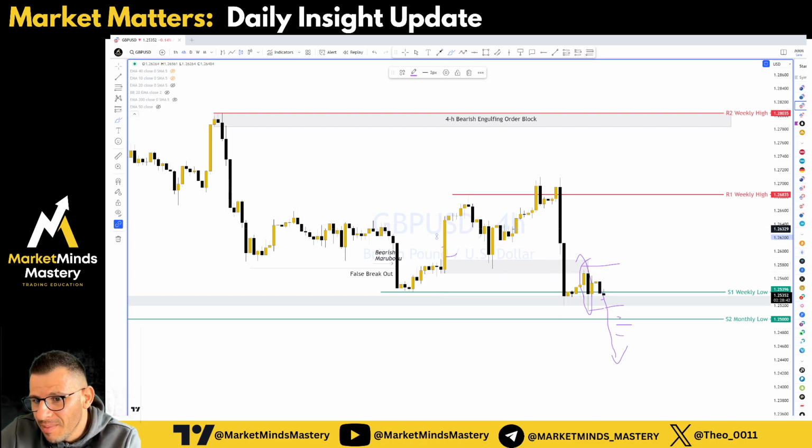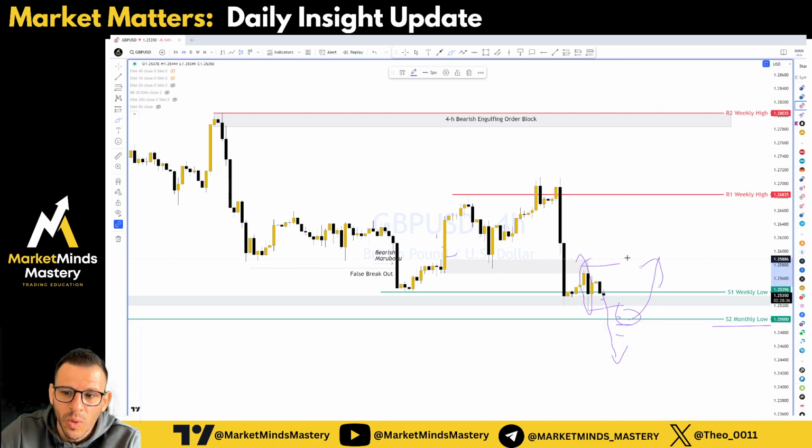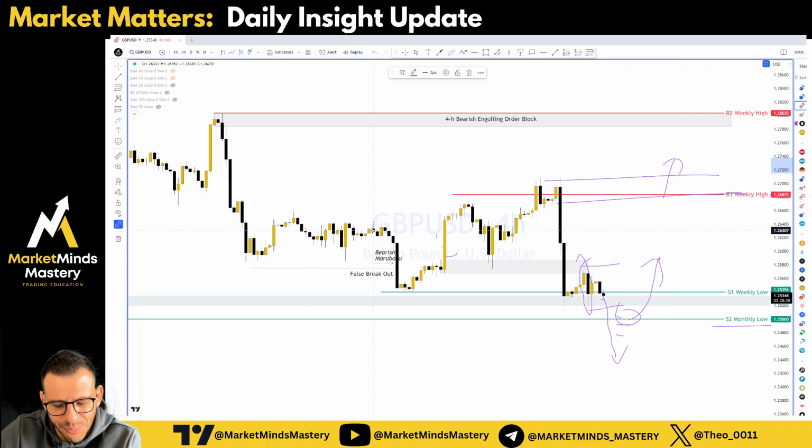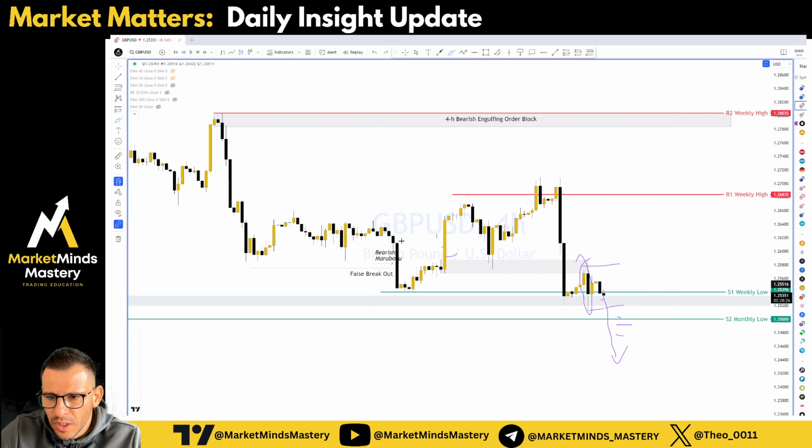But I believe that if the price bounces off these lows, moves upwards and manages to enter this bearish engulfing order block here, it might serve as a continuous rally. So let's see what's going to happen.